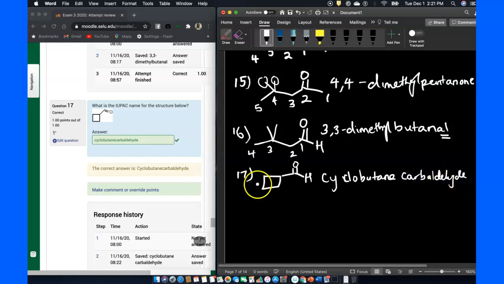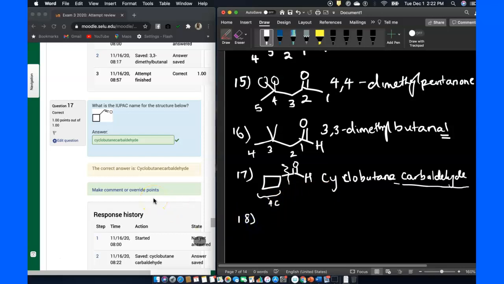So cyclic aldehydes are given special names. These are 4 carbon rings, so it's cyclobutane, and then it's an aldehyde, so you add the suffix carbaldehyde. If it's a 5-membered ring, it will be cyclopentane carbaldehyde, and so on.